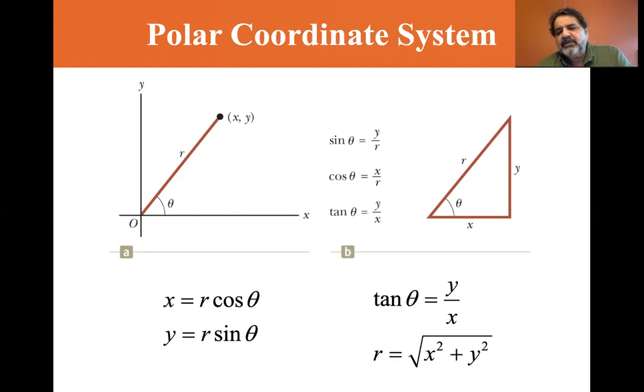And the tangent of theta is equal to y over x, and r is equal to the square root of the sum of the squares, the old Pythagorean theorem: the square root of x squared plus y squared is equal to r. Now all of this refers to right triangles, where there's a 90-degree angle in one of the corners. You can only have one 90-degree angle, otherwise it's not a triangle any longer.